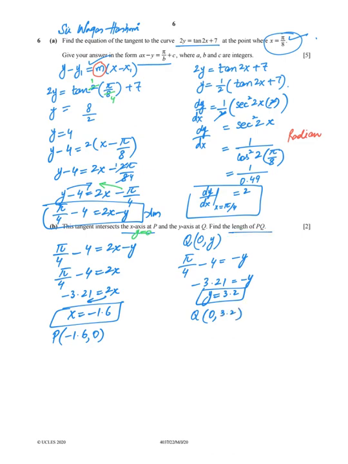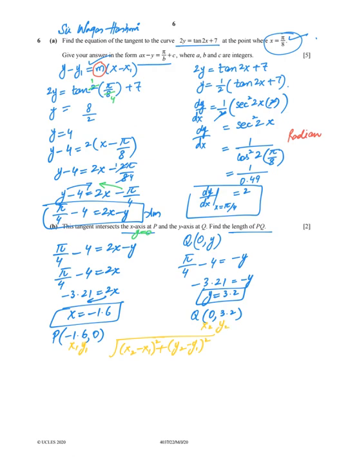It says find the length of PQ. To find the length, the working formula we use is the square root of x2 minus x1 whole square plus y2 minus y1 whole square, right? So let me say that this one is x1 y1 and this one is x2 y2.